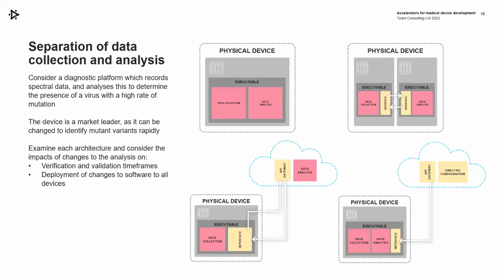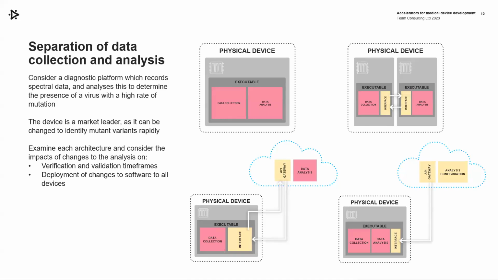The third is a physical device which uses cloud-hosted processors to perform the data analysis. And the fourth is sort of a hybrid between options 2 and 3, where all of the data is processed on our single device, but the configuration for our data analysis comes from a cloud system.